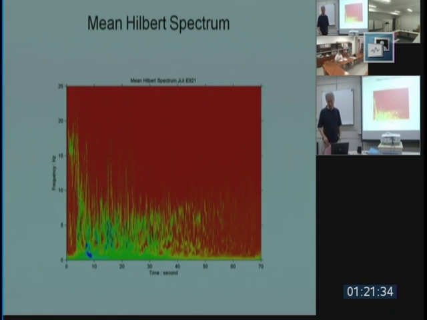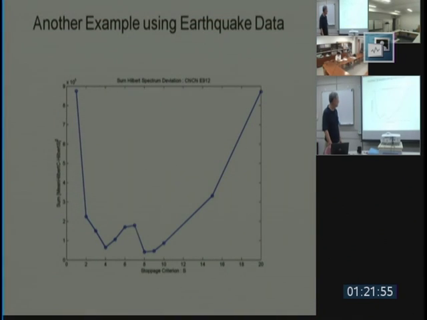Anyway, this is the mean Hilbert spectrum I derived from the earthquake by using all different kinds of stoppage criteria. Once you get this average spectrum, that means after I try this, try that, and try many, many different times, I get this. When you plot it up, I tried 1, 2, 3, 4, all the way to 20, and it gets a general shape like this.